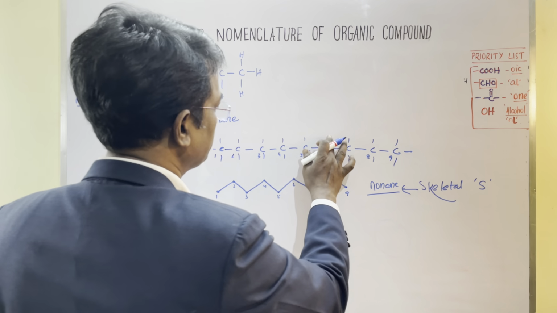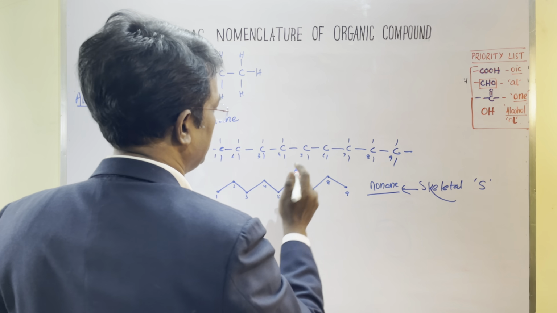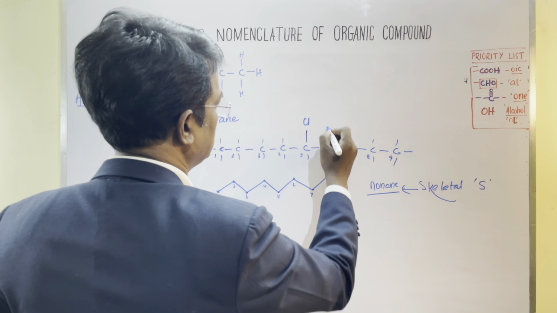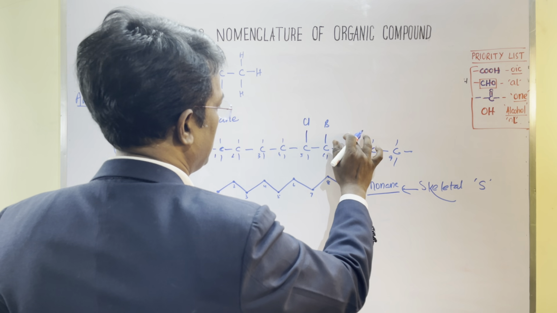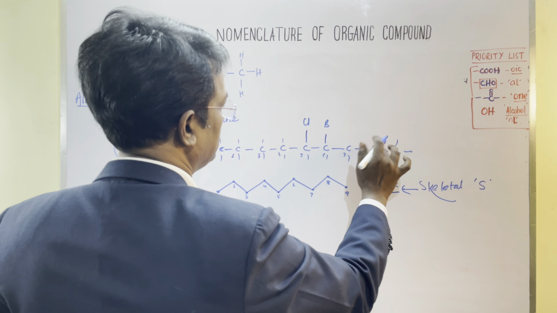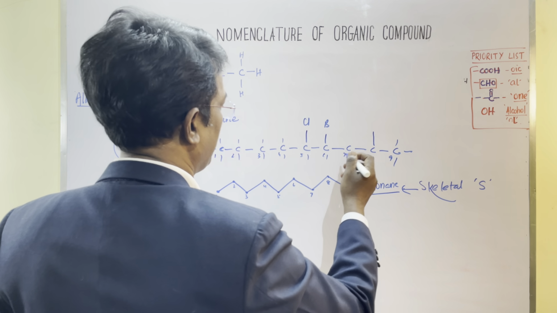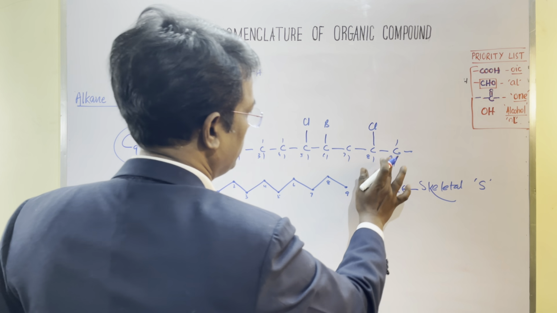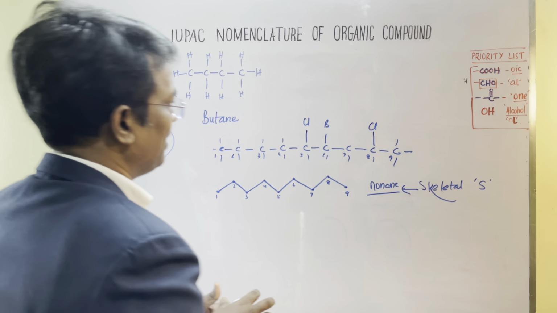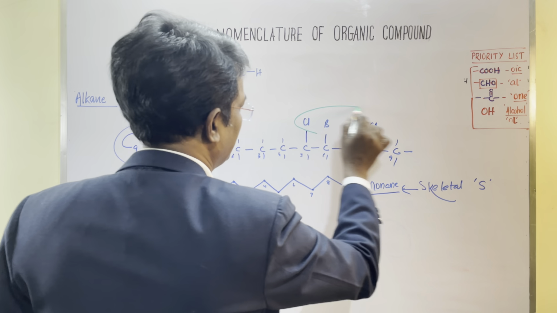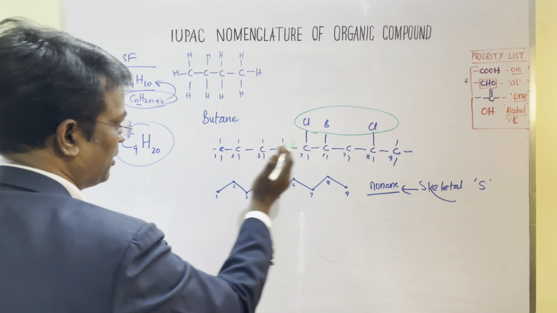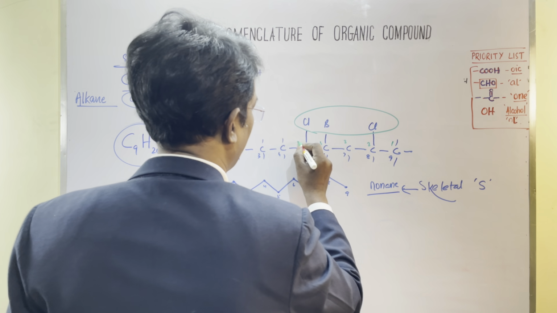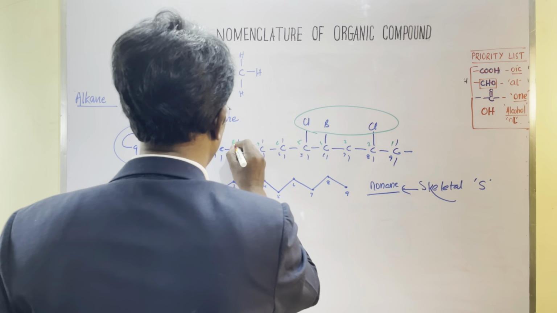Let's change it. Suppose I add at the 5th carbon a chlorine, at the 6th one a bromine. The substituents should get the lowest value, so we will not count from here. 1, 2, 3, 4, 5, 6, 7, 8, 9.